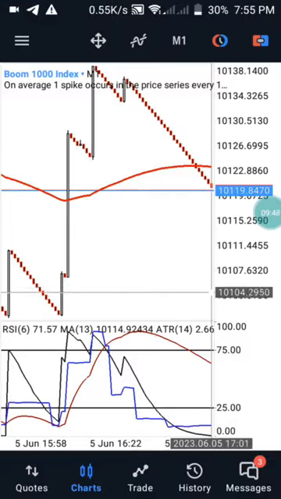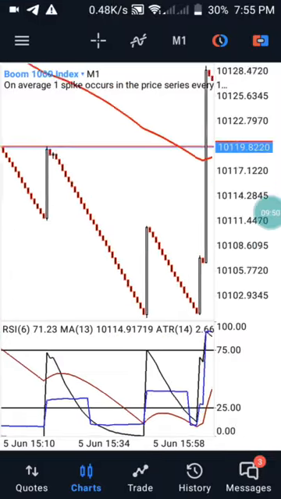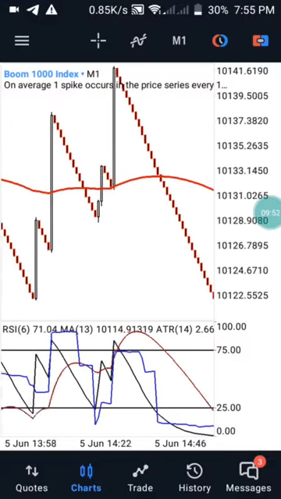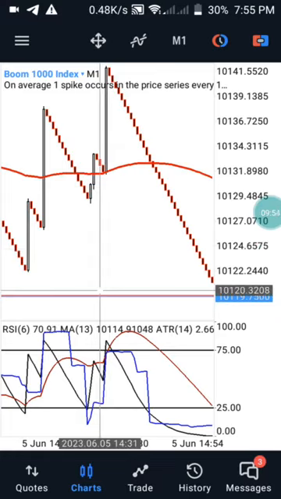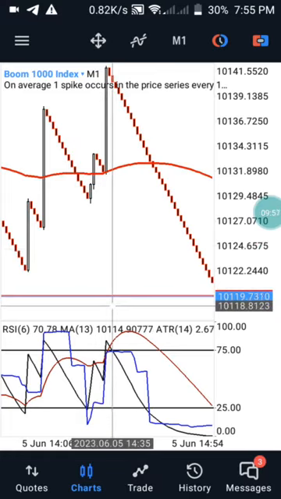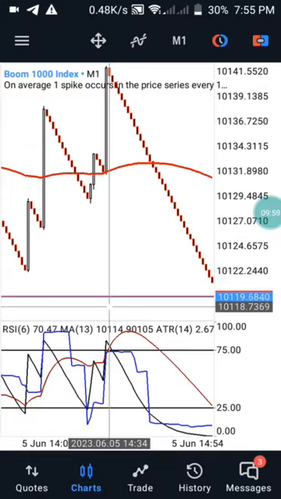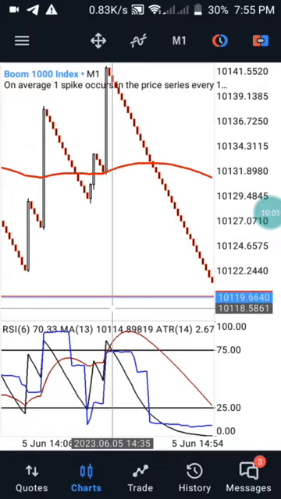So let me show you another sample of what has happened in the market currently. You see now, same thing happened here. The black 9 and the red 9 went above the 75 level, and they cross each other at that level.